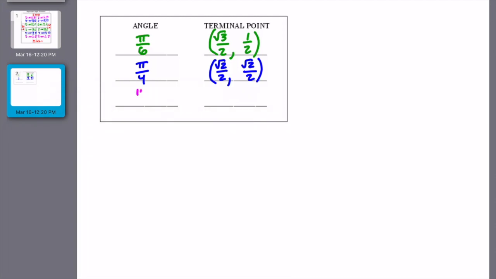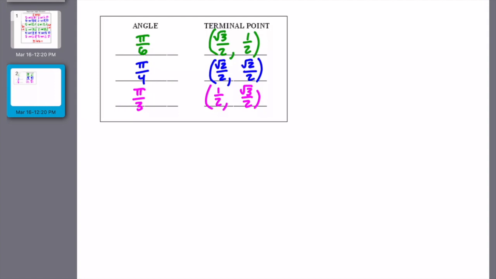The last one, pi over 3, is always going to have the form (1/2, root 3 over 2). If you can just remember those radian measures in the first quadrant, you can use that to find any of the radian measures. As long as you know which quadrant you're in, you should be able to find the terminal point.